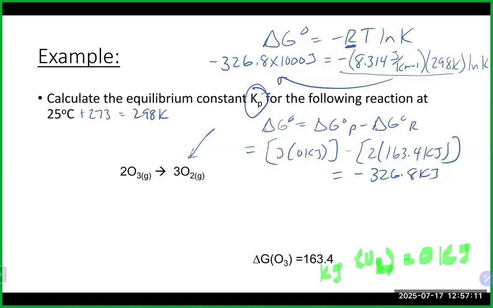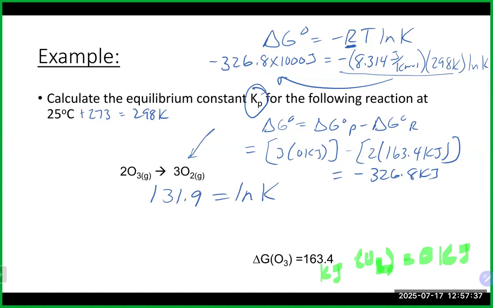And if we do that, we've got negative 326.8 times 1,000 divided by negative 8.314 and 298. That's going to get us 131.9 equals the natural log of K.